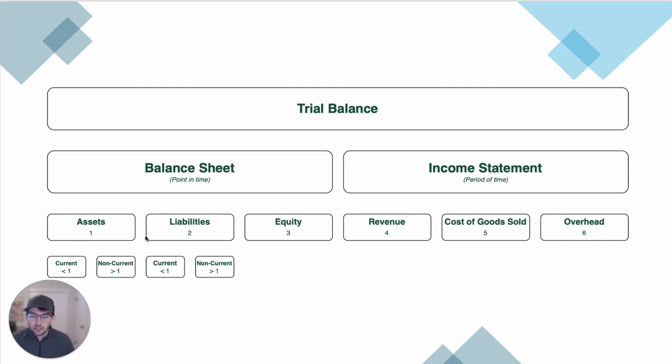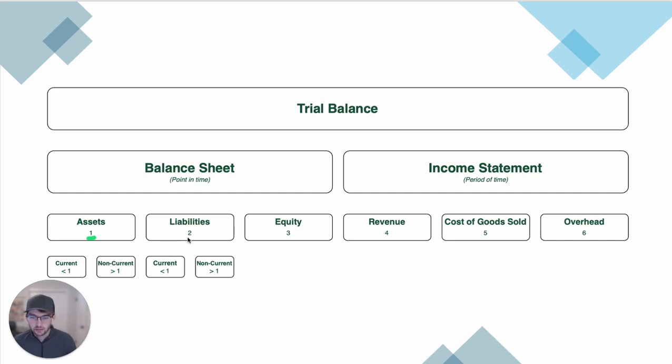And then on the balance sheet side, when it comes to the assets and liabilities, it breaks down even further into current and non-current. Before I get into that, you may be wondering what these account numbers were for. That was a spoiler. These are usually what the accounts will start with. So if you see on your trial balance, account 1001, you know that it's going to be an asset.